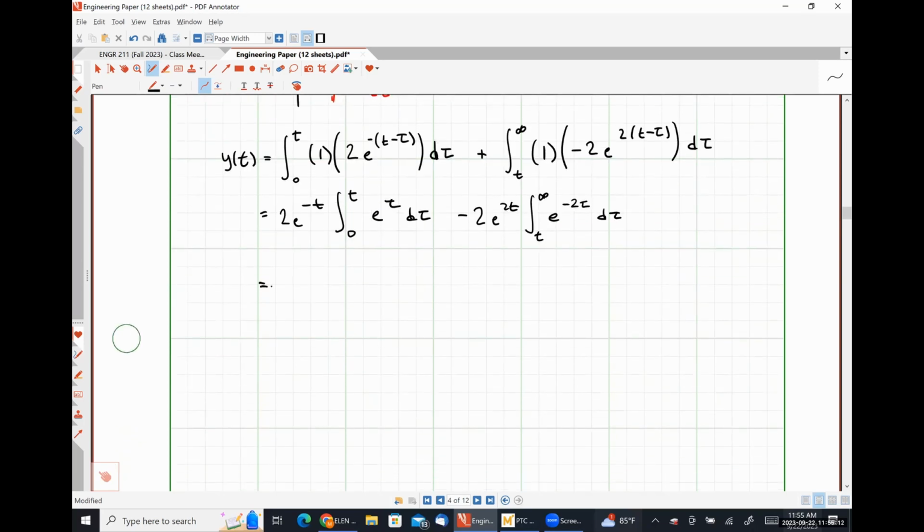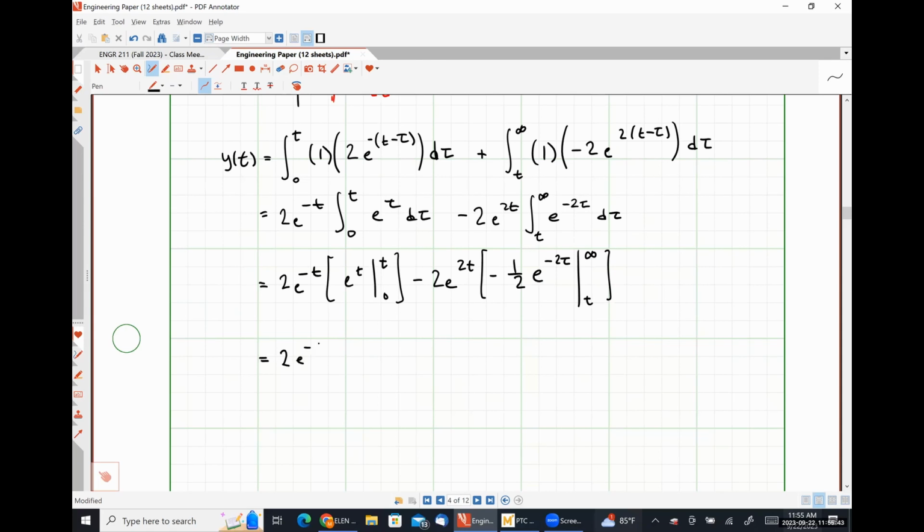So that's going to look like 2e to the negative t times e to the tau evaluated at t and 0, minus 2e to the positive 2t of negative 1/2 e to the negative 2 tau evaluated at infinity and t.